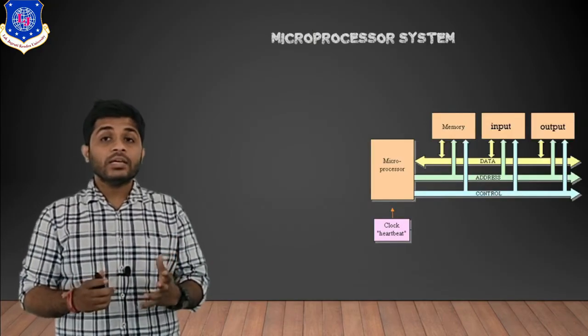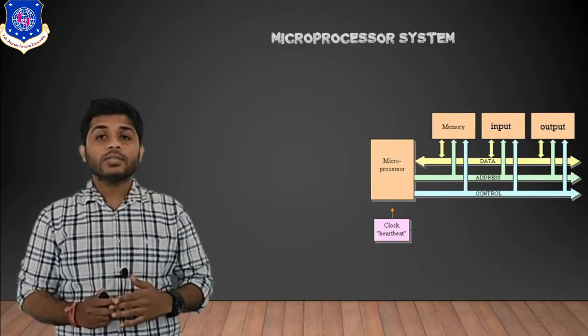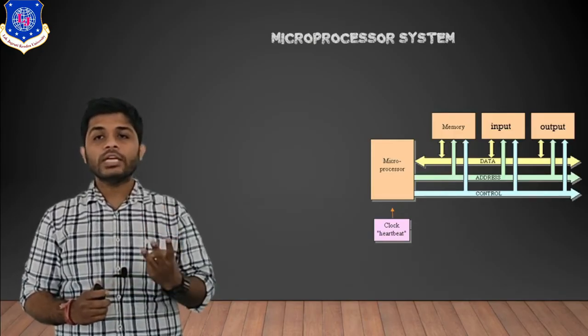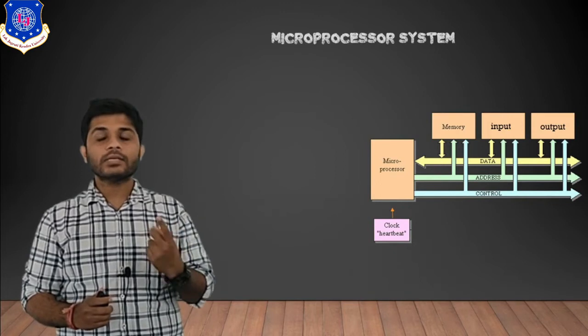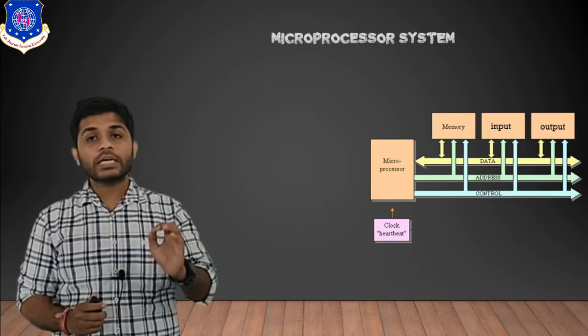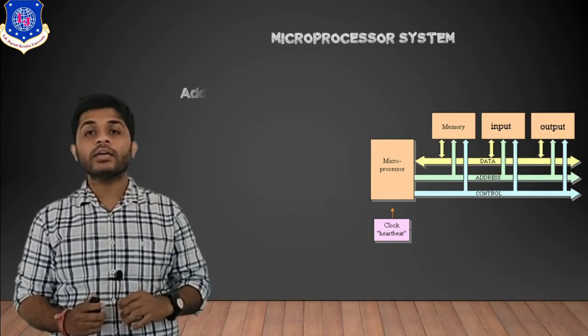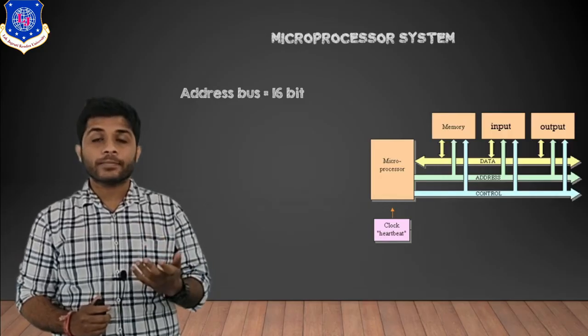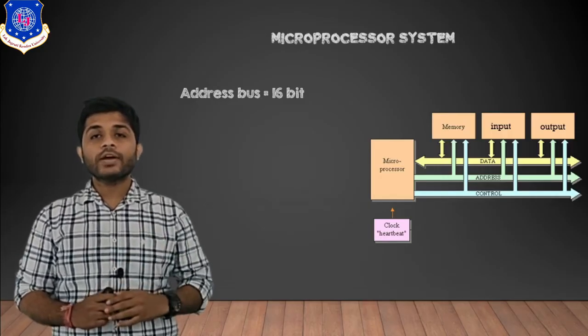Now let's see what the types of bus in the microprocessor are. Generally, there are three types of bus: the address bus, data bus, and the control bus. For the microprocessor 8085 specifically, the size of the address bus is 16-bit. What is the function of the address bus?